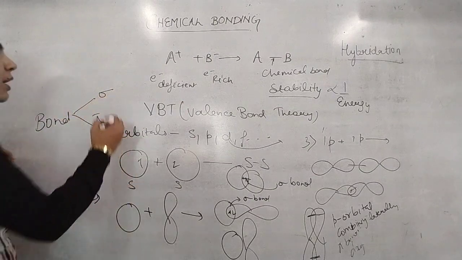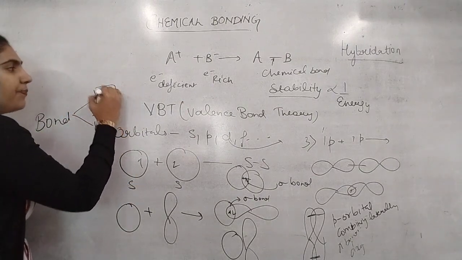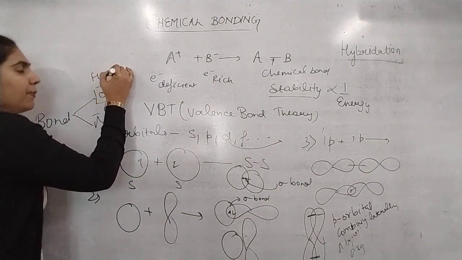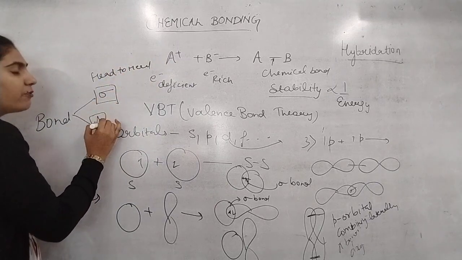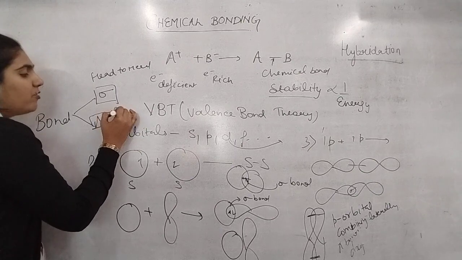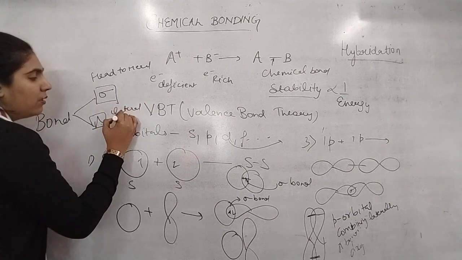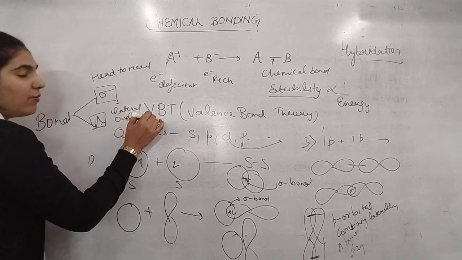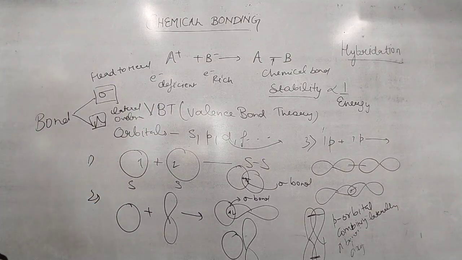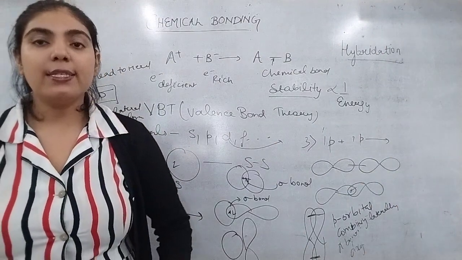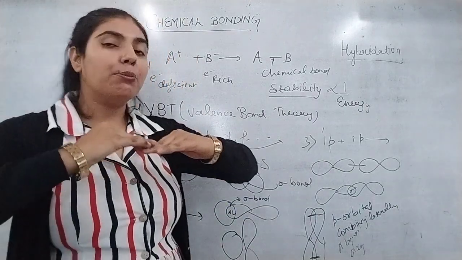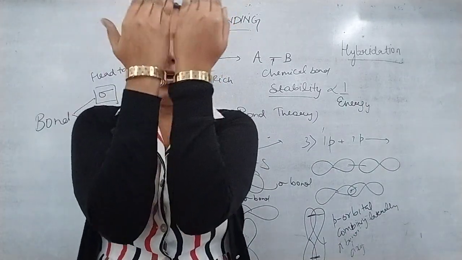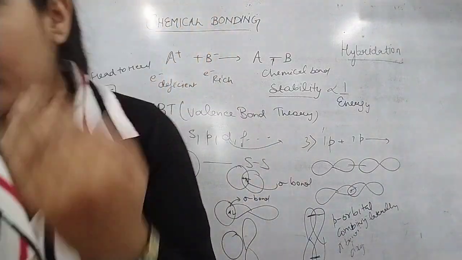A sigma bond is formed by the head-to-head overlap, while the pi bond is formed by the lateral overlap. So when there is end-to-end overlap, that would be a sigma bond, and when there is sidewise overlap, that would be a pi bond.